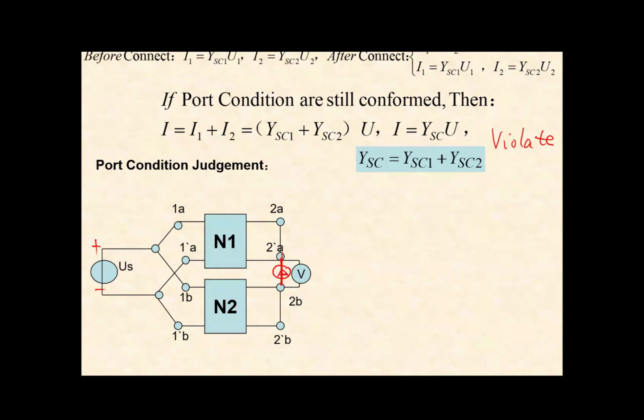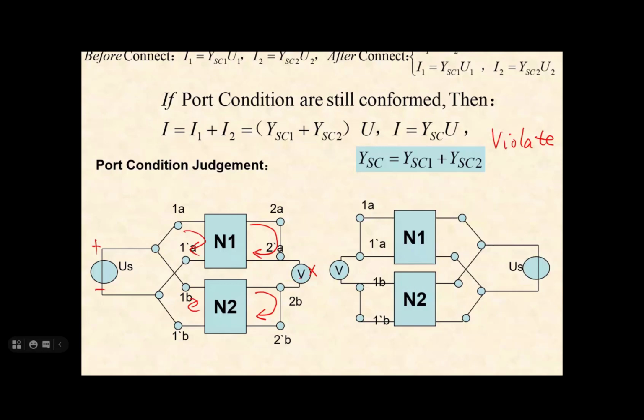If this current is zero, that means there's no current and no voltage, so this current will equal this current. Then judge the left side.